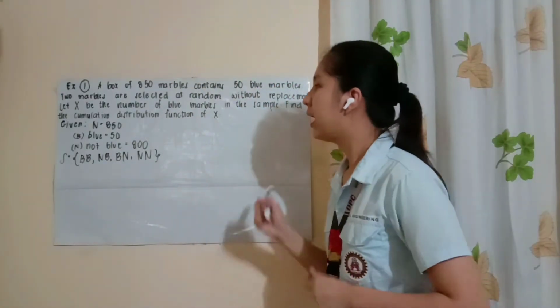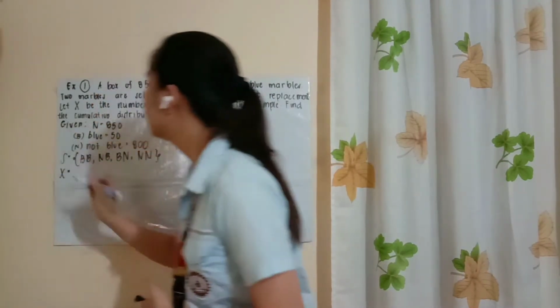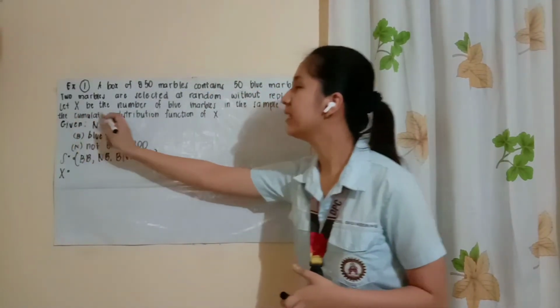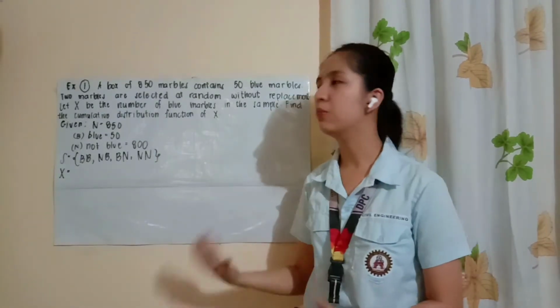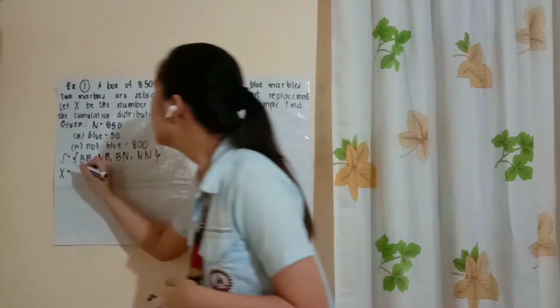And then next, i-assign na natin yung values ng random variable x natin. For that, bibilangin natin yung, ano ba yung nakalagay dito? Let x be the number of blue marbles. So, bibilangin natin yung blue marbles para magkaroon tayo ng value sa random variable natin.